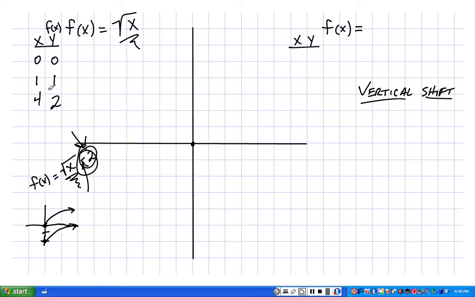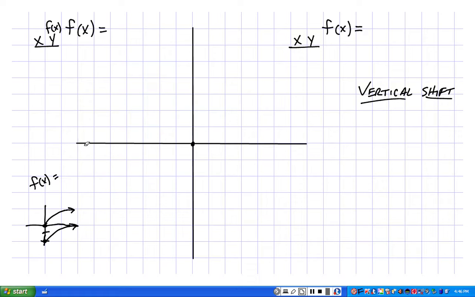Okay, let's see here. Alright, so that's vertical shift. So now let's look at one like, let's see.